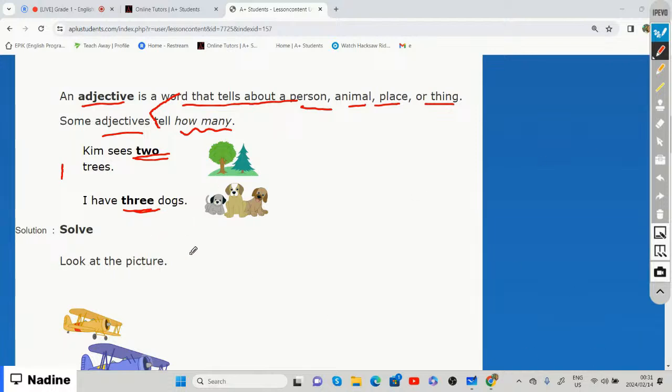And in this case, the adjectives will tell us how many. If we say Kim sees two trees, then they will just tell you how many trees. Two trees, and they will just say two.